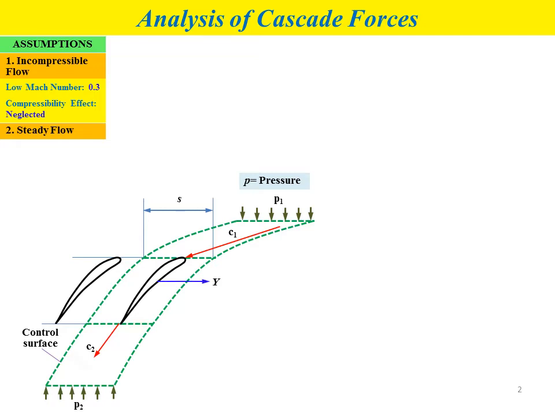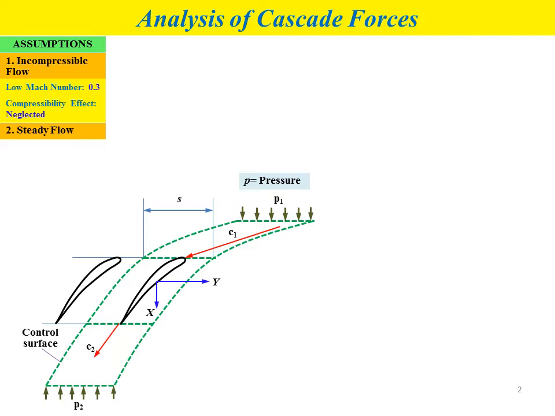For the analysis of cascade forces, we will derive the equation for Y force and also X force. If you look at the direction of Y force and the direction of X force, we will think about why the direction of Y force is in the horizontal direction.